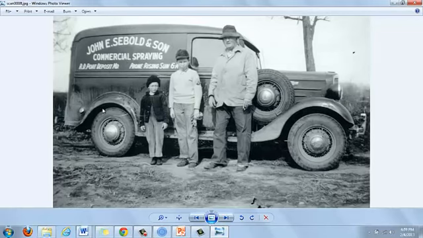But again, you can look at the model of the truck. You can look at the clothes they're wearing. You can see they're pretty everyday clothes. They weren't poor by any means, but they weren't wealthy either. Actually, my grandfather went bankrupt in the Depression.